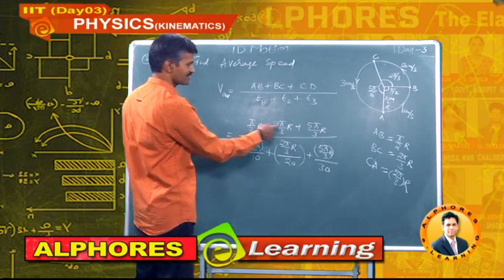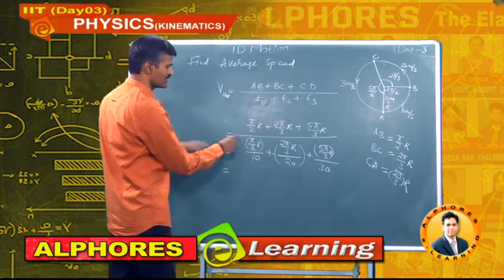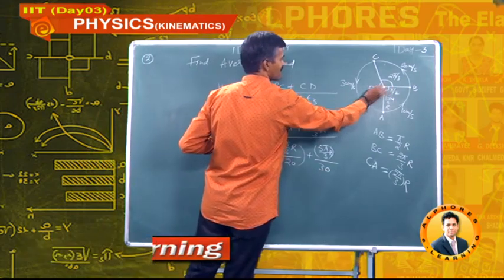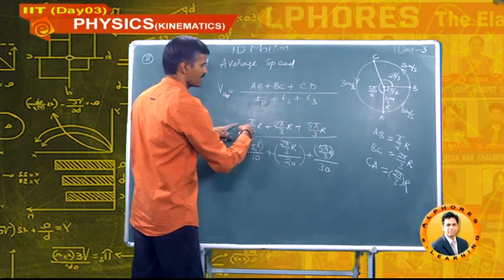This pi r gets cancelled by taking common. Actually, this is pi times the total angle at the center of the circle. So, this numerator becomes 2 pi r.